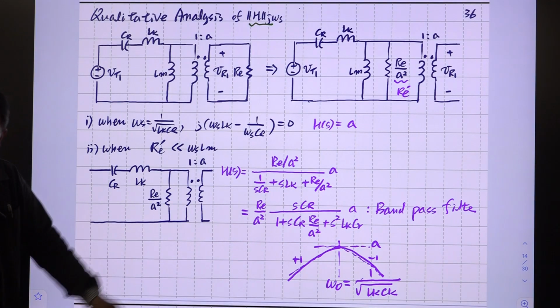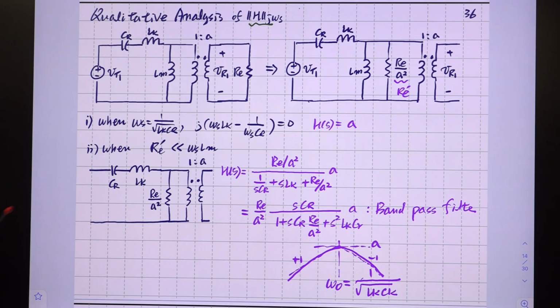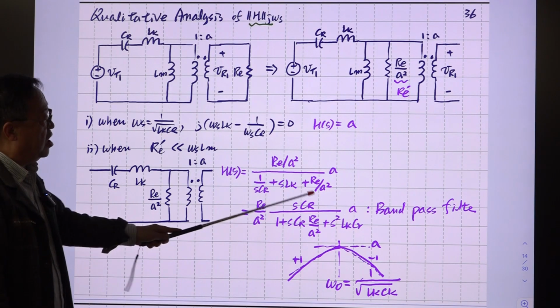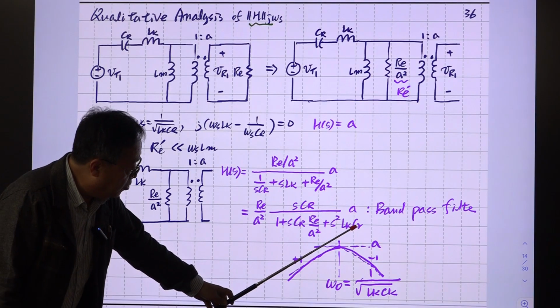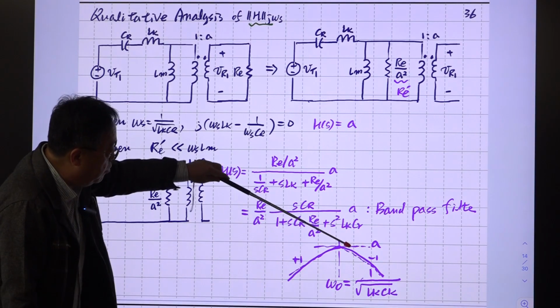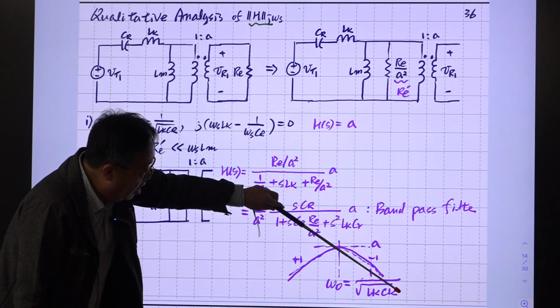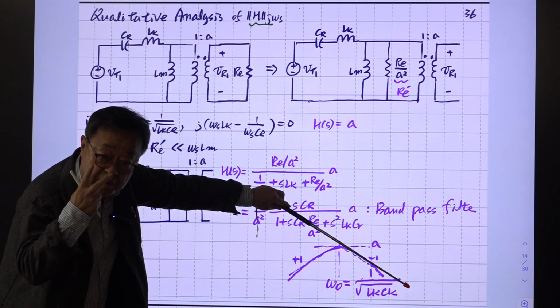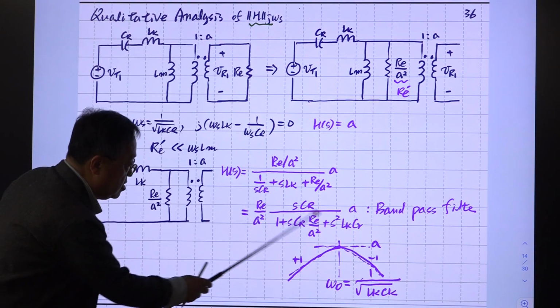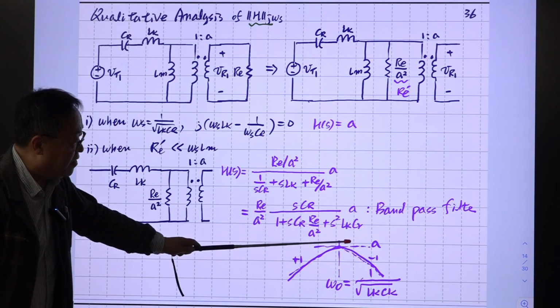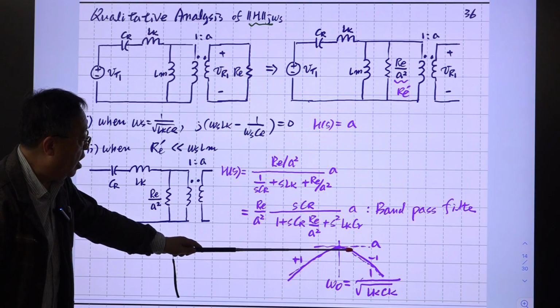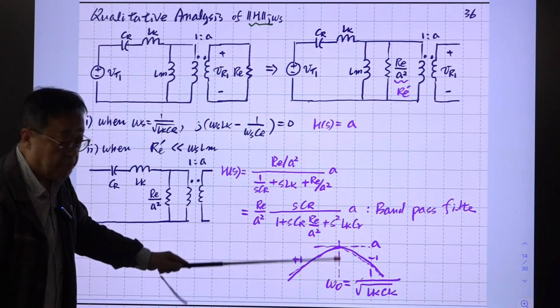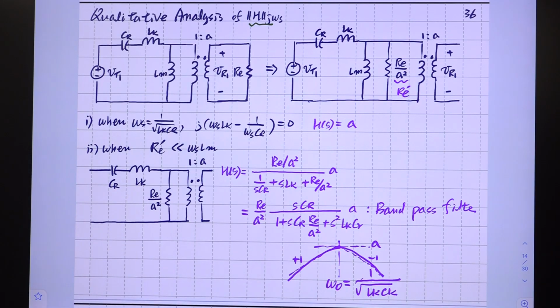And this is what? Bandpass filter characteristics. Because we have initially differentiation with plus 1 slope. We have a double pole at the resonant frequency, and it goes to the minus 1 slope. Then it goes like this. So the peak gain at this resonant frequency is simply A. So this is bandpass filter characteristics.